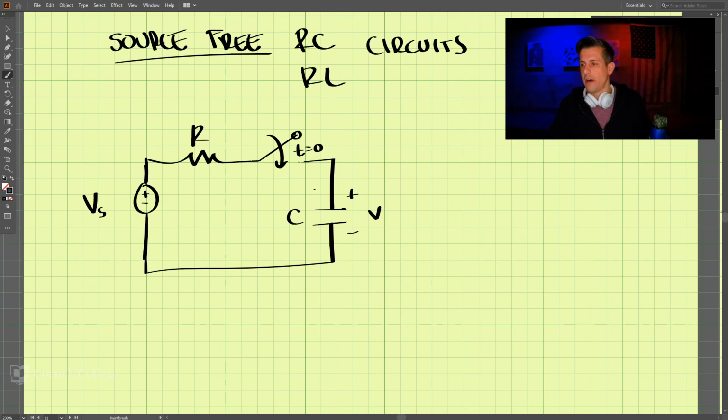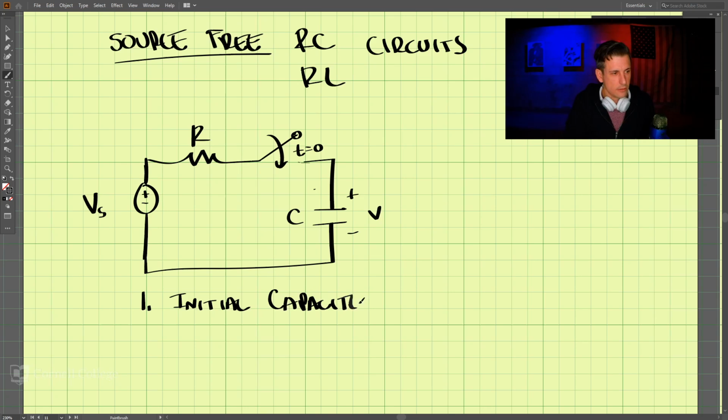So what we need to find to be able to solve these problems is, one, the initial capacitor voltage, which we would say is V naught, or we could say that is V of 0.